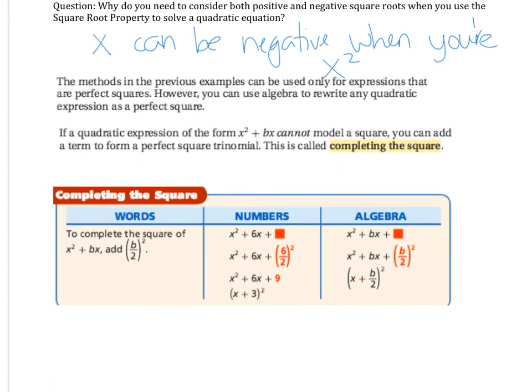And this next part is called completing the square. When we complete this square, we basically are adding that third term. We have an x squared plus bx, and we want to create what we call that perfect square trinomial, so that we have that x plus 2 quantity squared, or x minus 2 quantity squared.